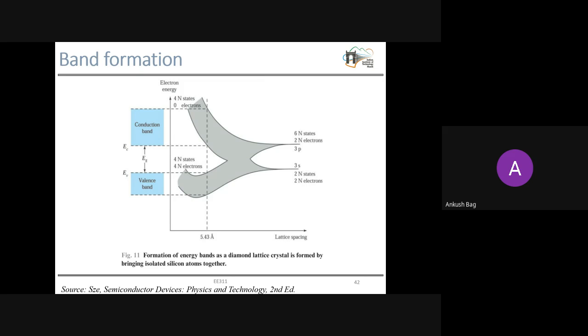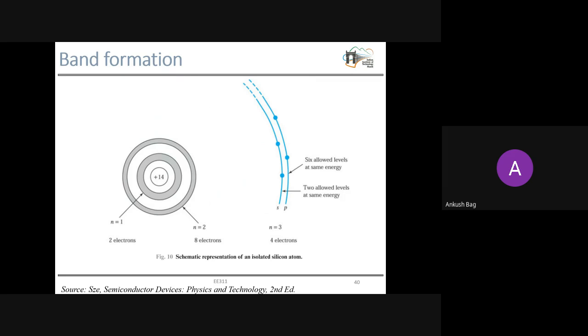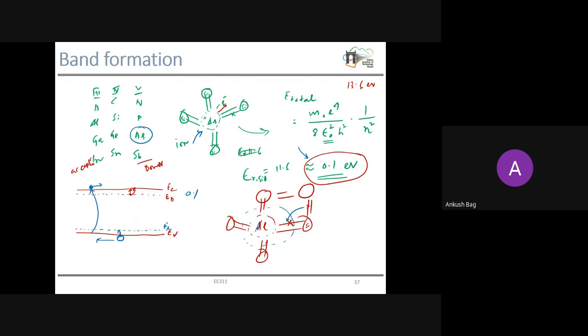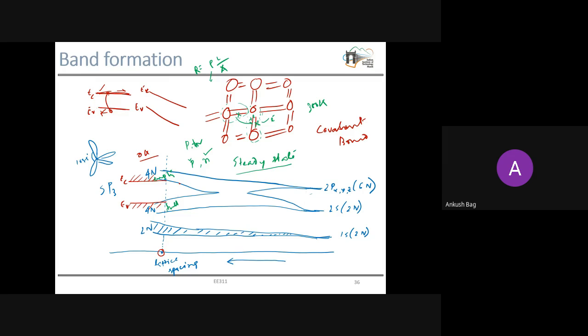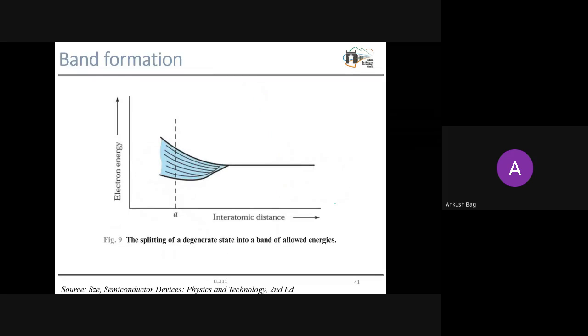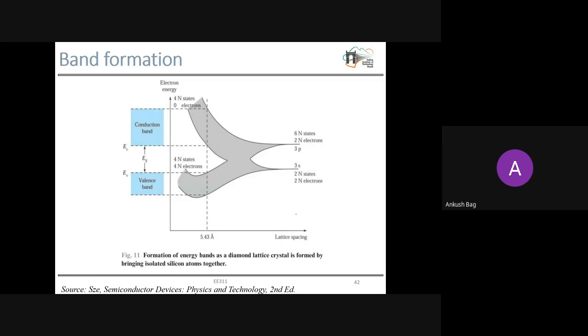Here is again the discussion that we made previously, considering the diamond lattice. Here you can see this is 1s, 2s and 2p6. Because diamond has atomic number 6, and in case of silicon we have atomic number 14, again here we have 1s, 2s, 2p6. So we are not using those.